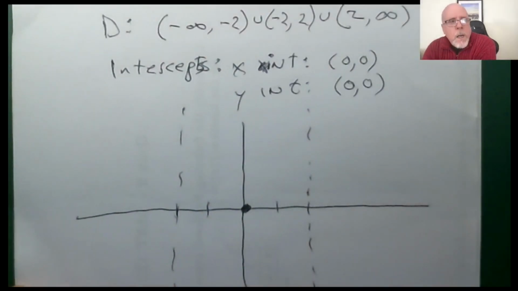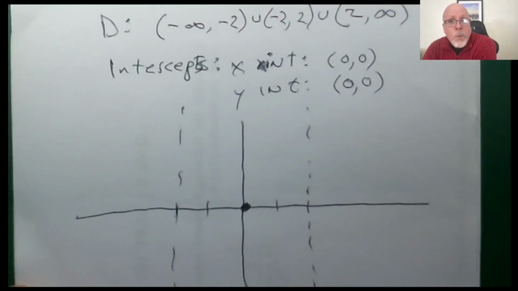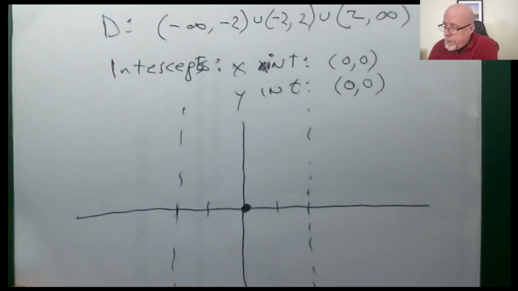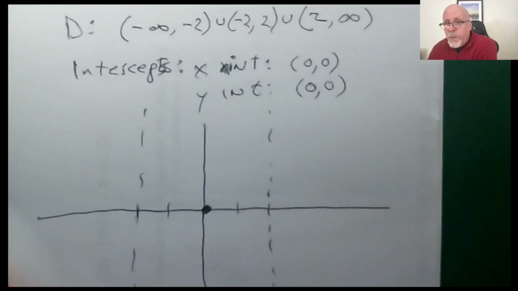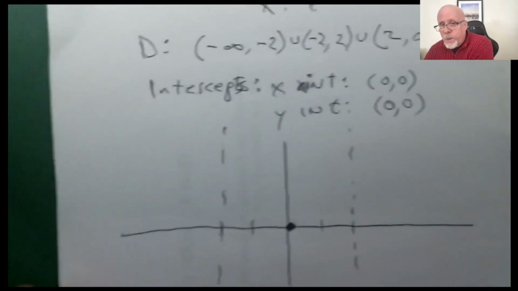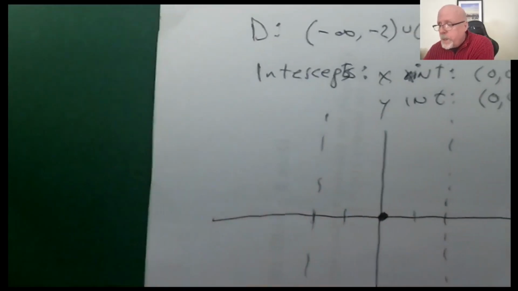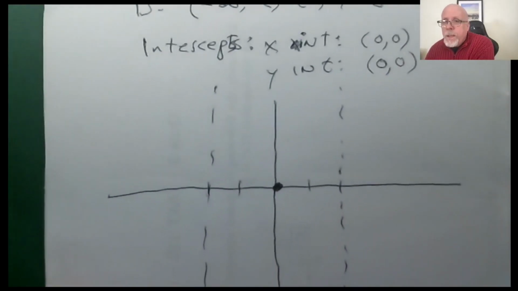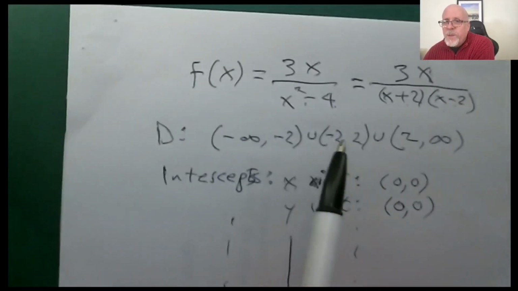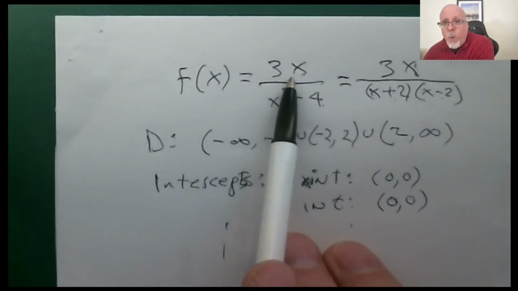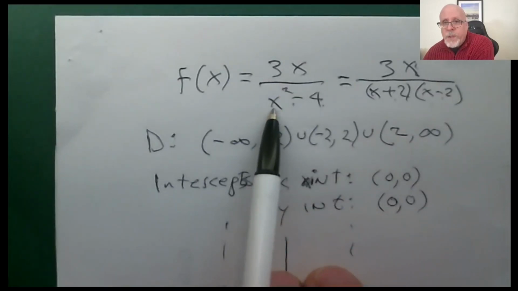All right. And then, we should analyze the end behavior of this thing. That is, this picture is going to be what we might see inside the graphing calculator window. Well, what's going to happen after we move way out this way, or way out this other way? Let's look at the formula again. The top is a degree 1 polynomial. The bottom is a degree 2.